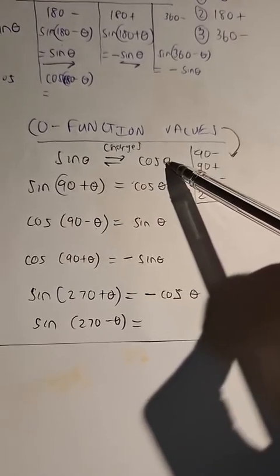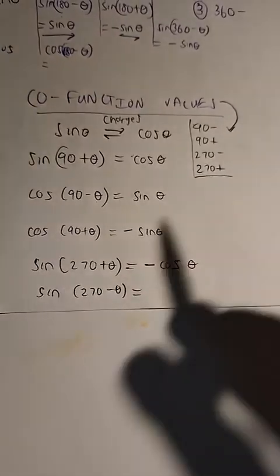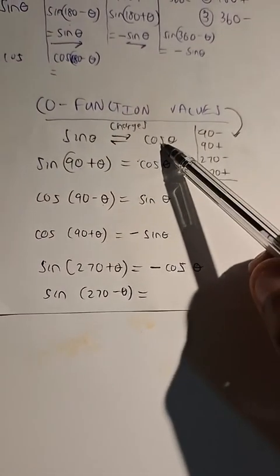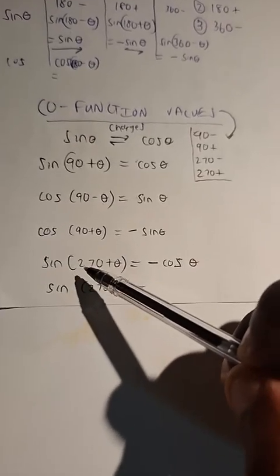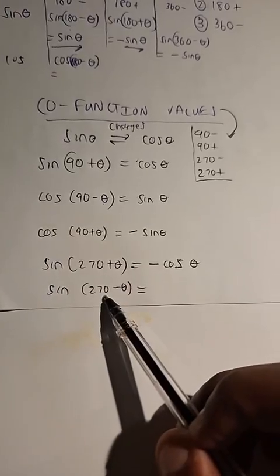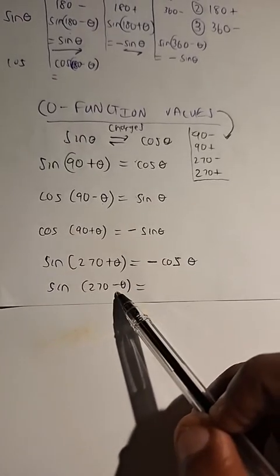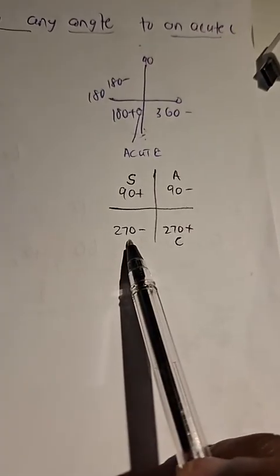Yes, that's exactly right, dearest so-and-so. And do you mean, sir, that the sign changes in accordance with the given trigonometric ratio? Yes, you are exceptionally right. That's spot on. So sine of 270 minus theta, once again, is in which quadrant? It is in the third quadrant.